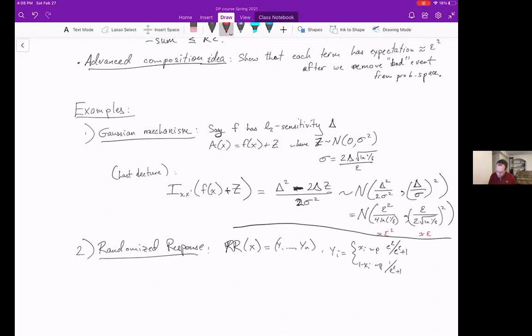Okay, and the important observation here is that their ratio is exactly e to the epsilon.